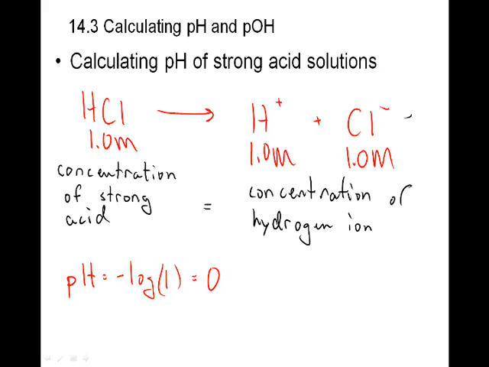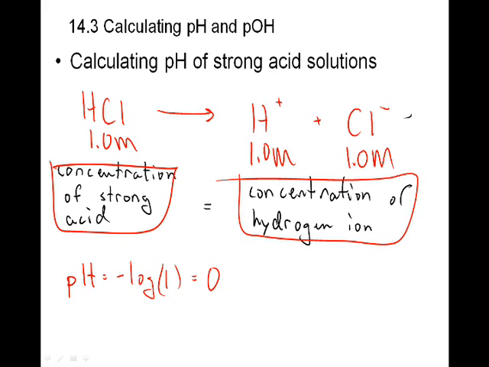Notice that when you're calculating the pH of strong acid solutions, the strong acid solution is equal to the concentration of the hydrogen ion because the reaction goes to completion, all the way to the right.